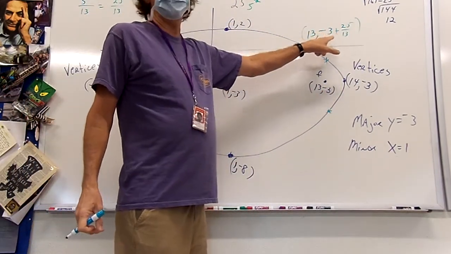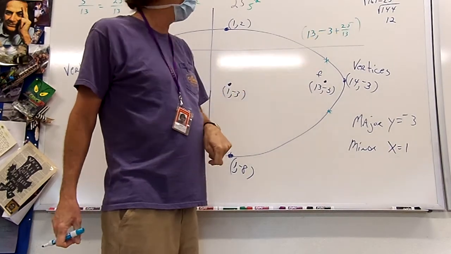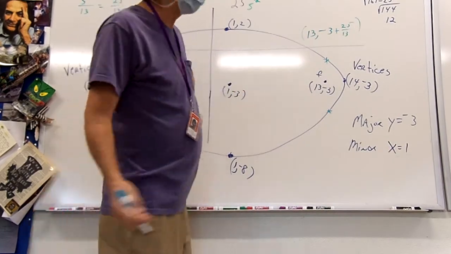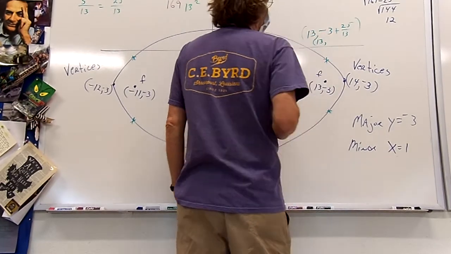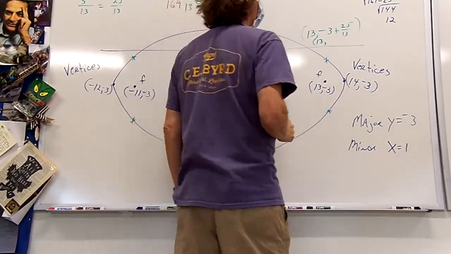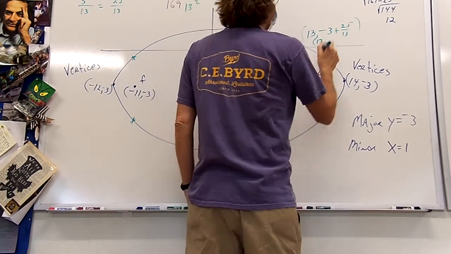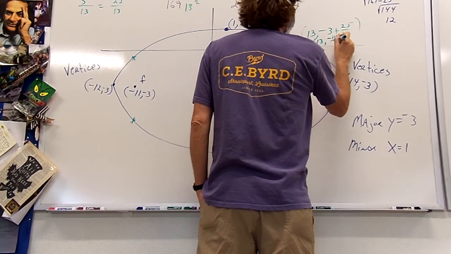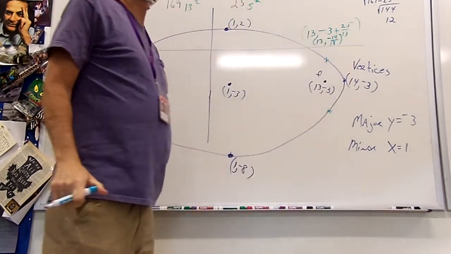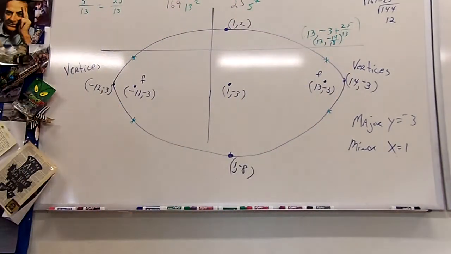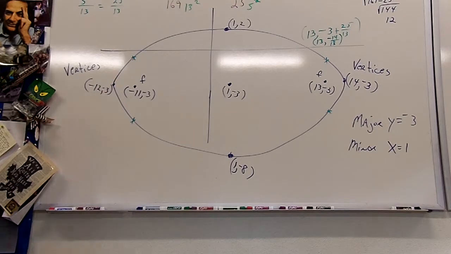Get a common denominator and put them together, right? Get a common denominator. So that's going to be 13, comma, negative 14 thirds. Don't write 14 thirteenths. Please do not write mixed numbers. Leave them what? Improper. Okay?